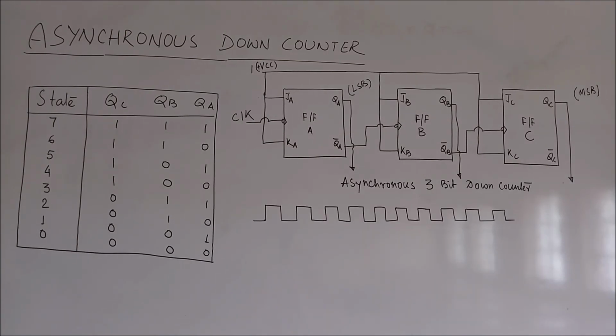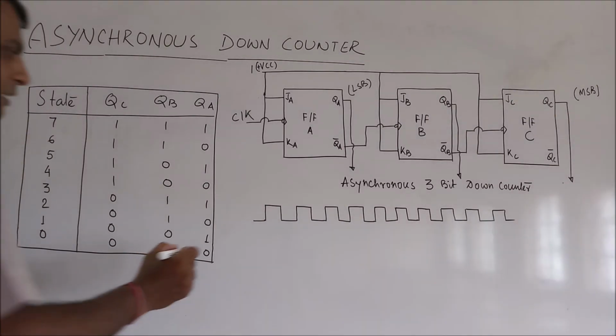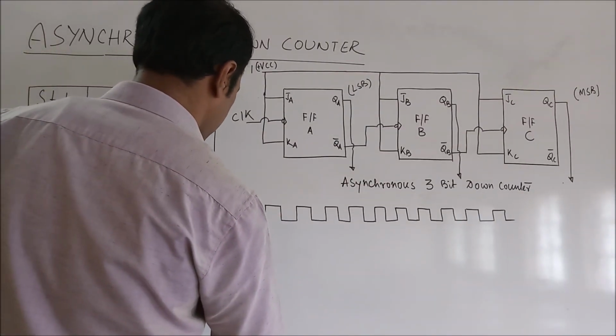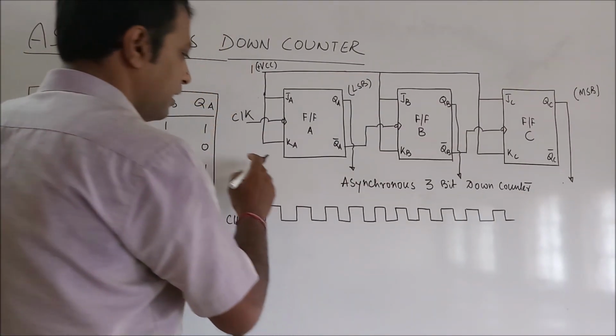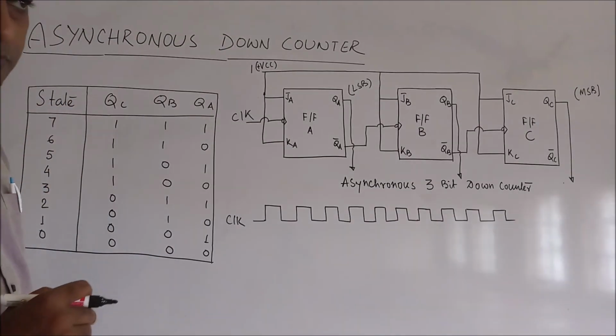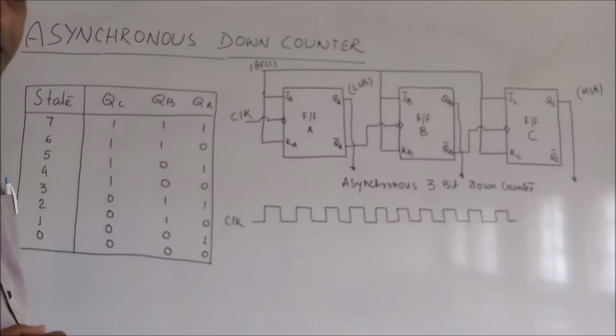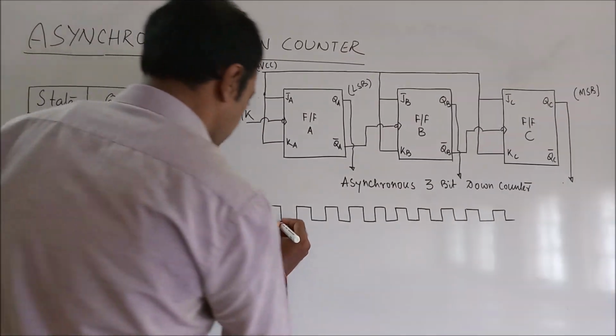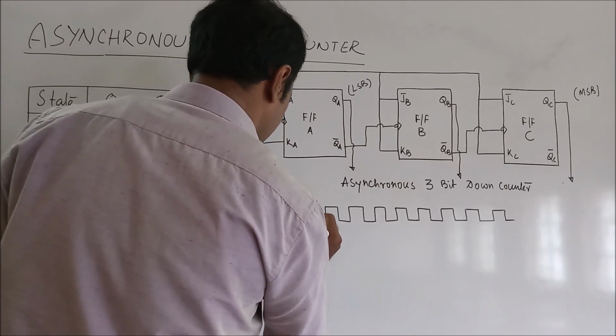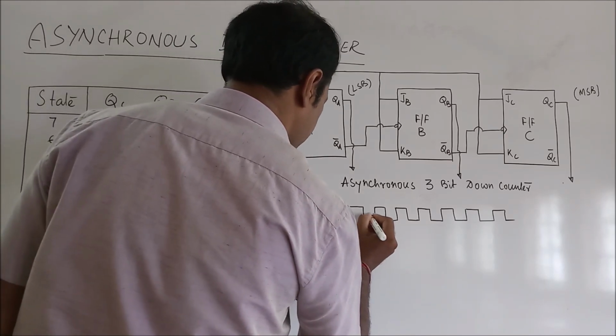Now we observe how it performs. This is the input clock pulse. Here we are using a negative edge triggered clock pulse, so the counts will change at the negative edge of each clock pulse.